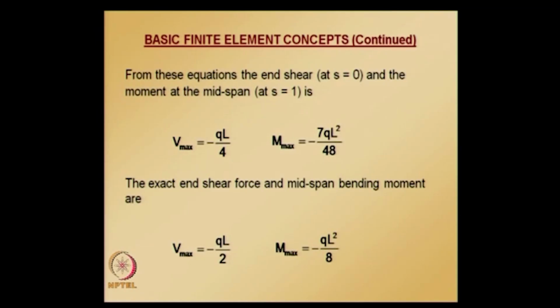This happened only in the shear force and bending moment. Even though the displacements, that is rotations and transverse displacements, are exact, shear and moment are not good at all.